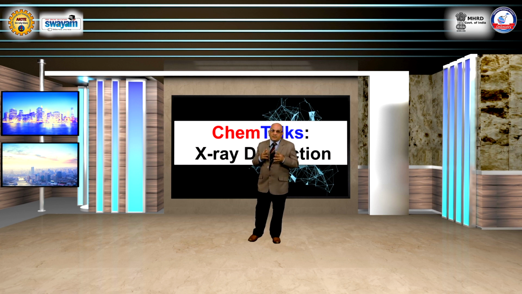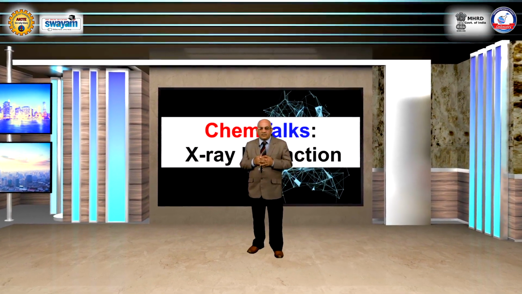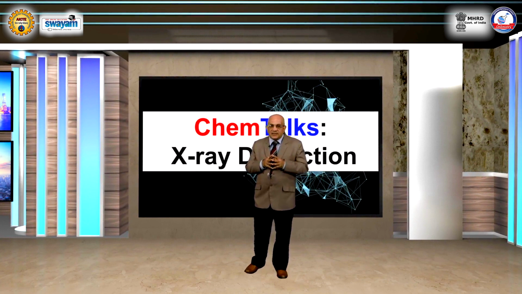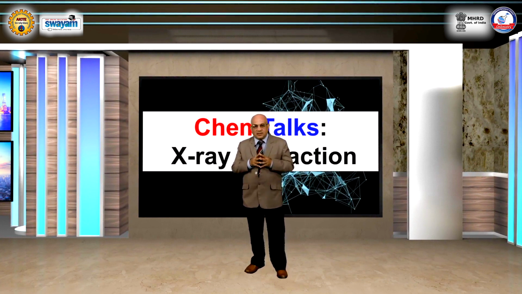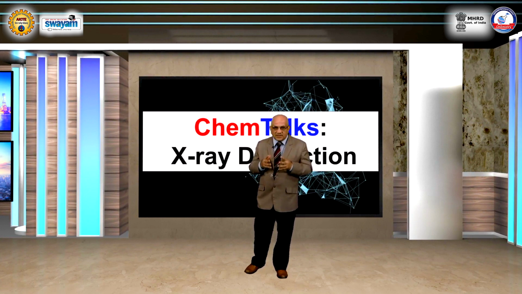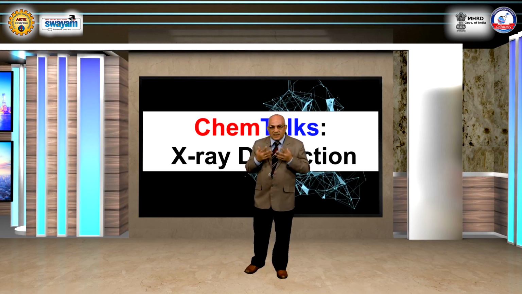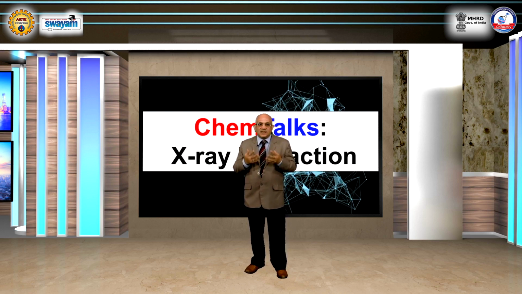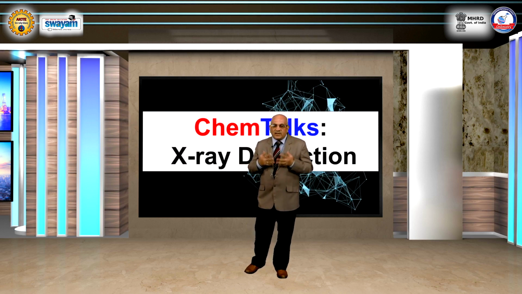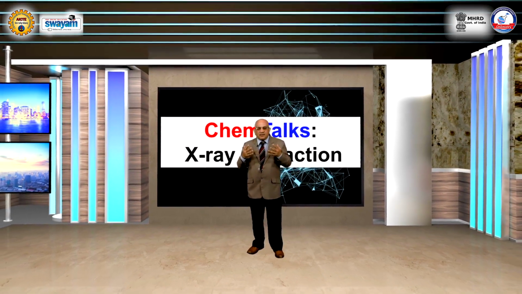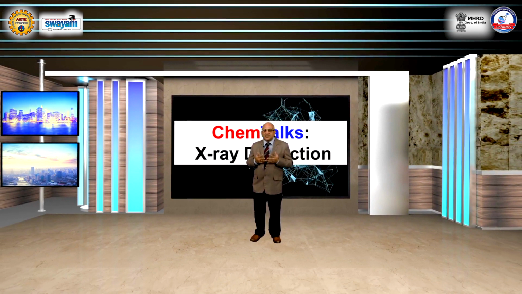X-rays, which are part of the electromagnetic spectrum with wavelengths of the order of 1 to 3 angstroms, can be used to look at materials which have long range order, that means they have 3-dimensional periodicity. We can find out the details of these materials, the lattice parameters, from which planes the X-rays are being diffracted, and in more careful measurements we can find out even the atomic positions.